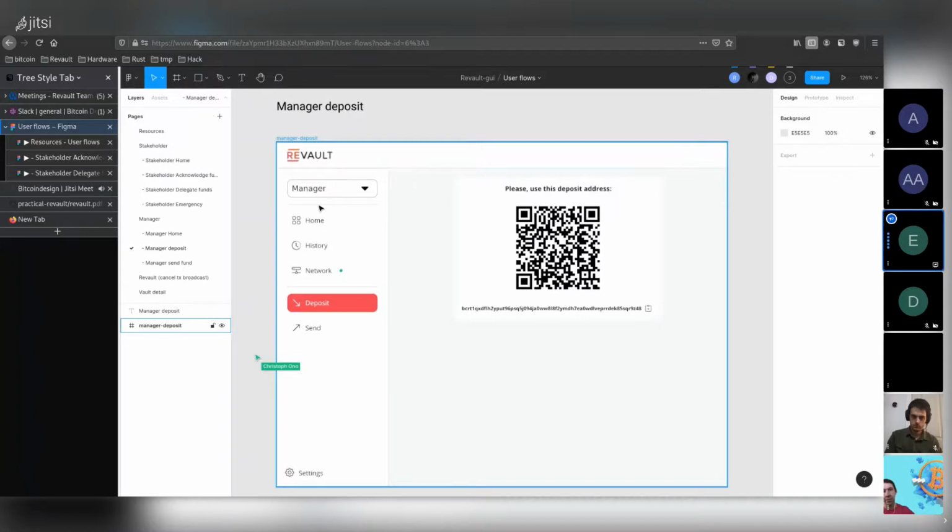I don't know if you know what CPFP means. The term, child pays for parent. Yes, it's when you need to create a new spend that is spending a parent, in order to increase the fees you want to give to the miner.